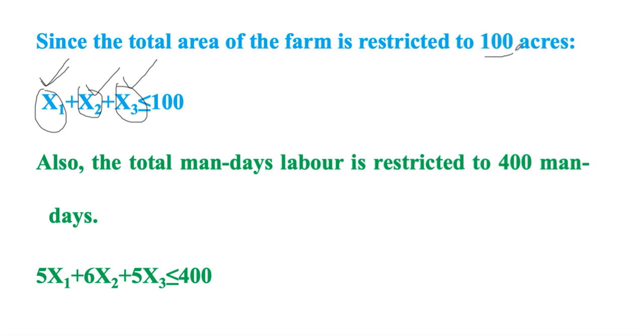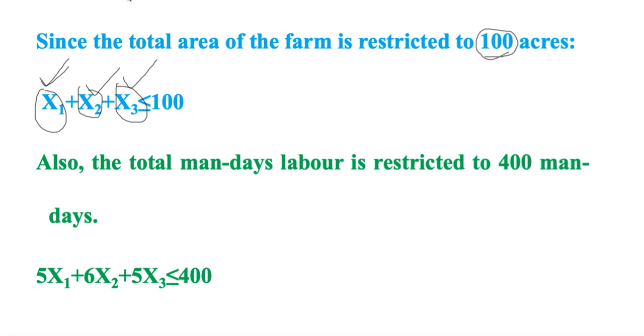We have less than or equal to 100 acres of land available for cultivation. So we are going to write down x1 plus x2 plus x3 is less than or equal to 100, because we have only 100 acres of land which is available for the cultivation. This is the first constraint.